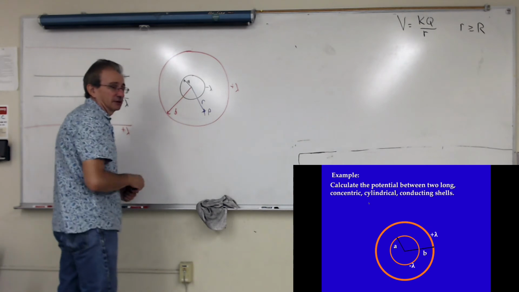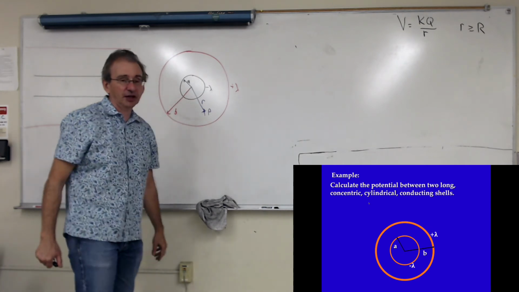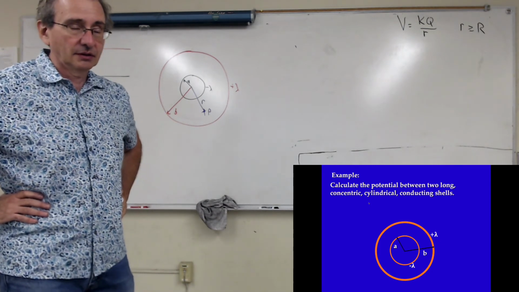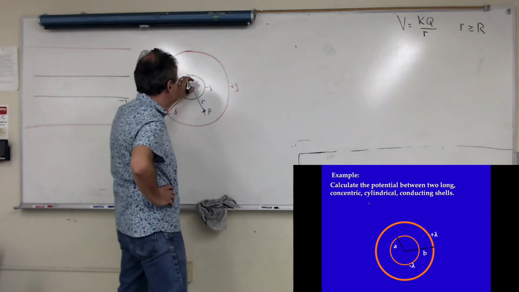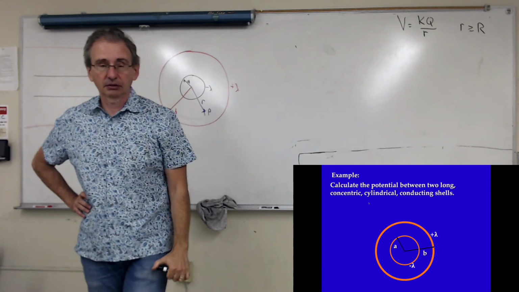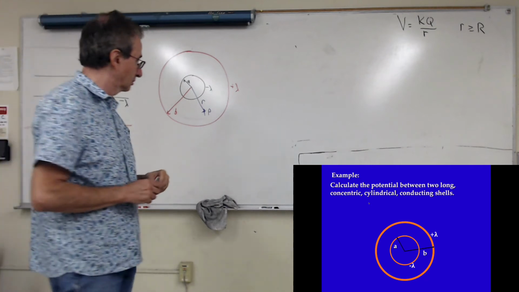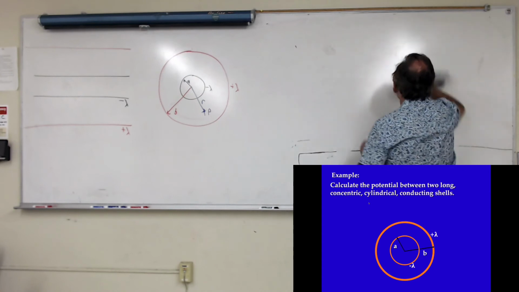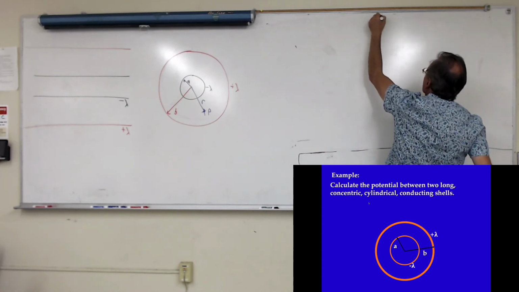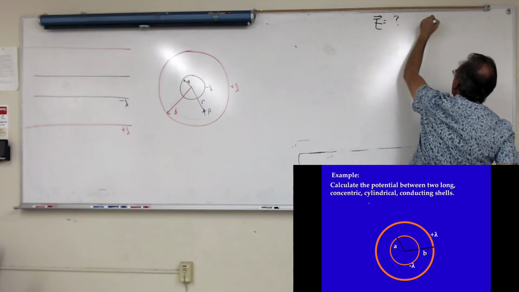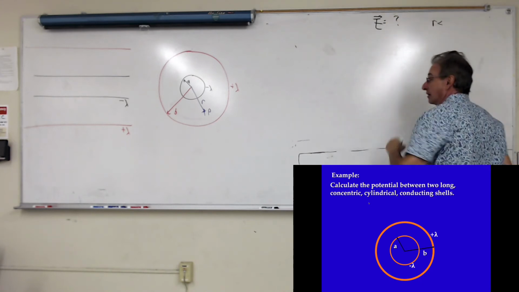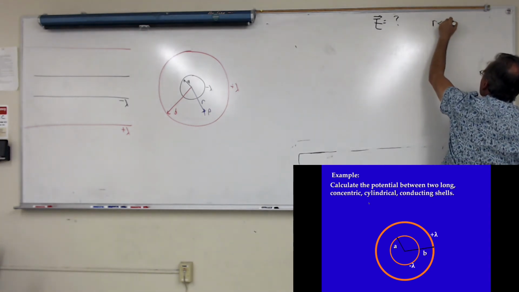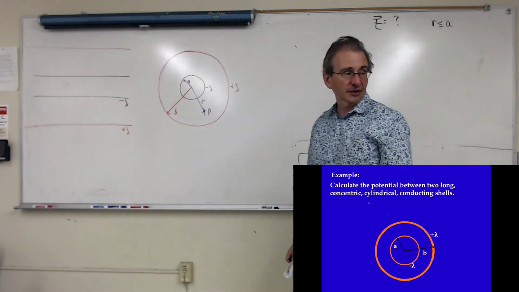These are conductors. What's the electric field inside the inner conductor? They're hollow, right? They're just hollowed out. So what's the electric field inside? How would I figure that out?